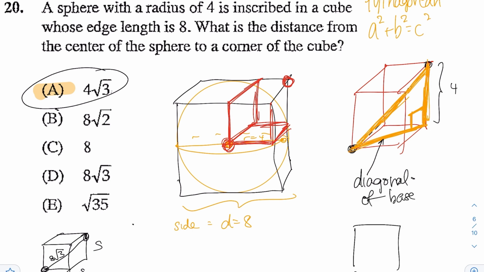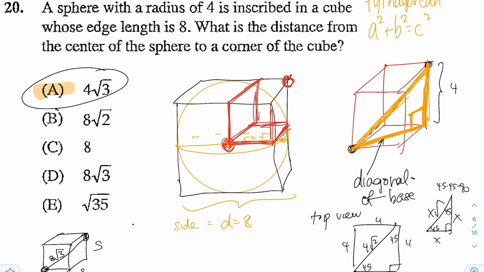And the base is a square, so this is the top view. The base, of course, is a square with side length of 4. The diagonal is going to be the diagonal of a 45-45-90 triangle, or 4 root 2. Remember, it's a 45-45-90 special right triangle. So the sides are going to be x, x, and x root 2. You can also do Pythagorean to figure that out, but the diagonal is going to be 4 root 2.